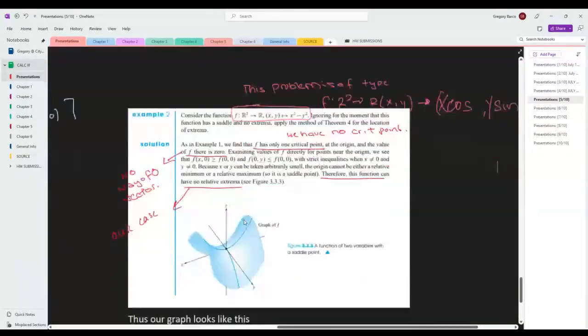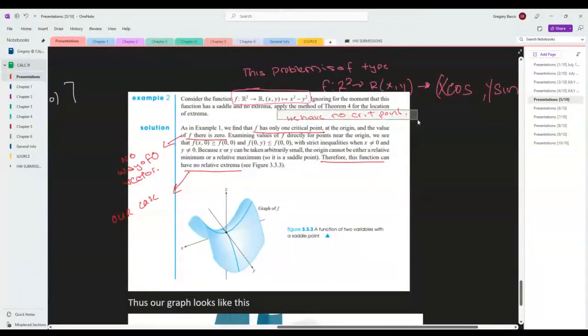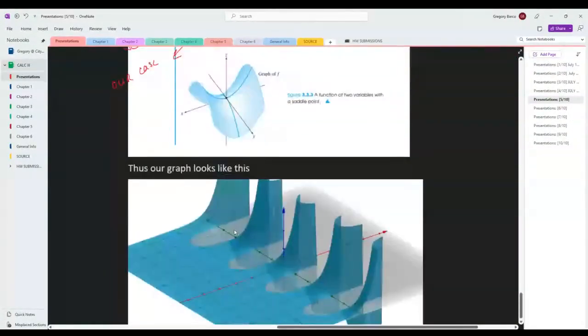And in our solution, we find that we have no critical point, and there's no way of us getting to the 0 vector. And in our case, we have no relative extrema, and this would be an example of what the saddle would look like.